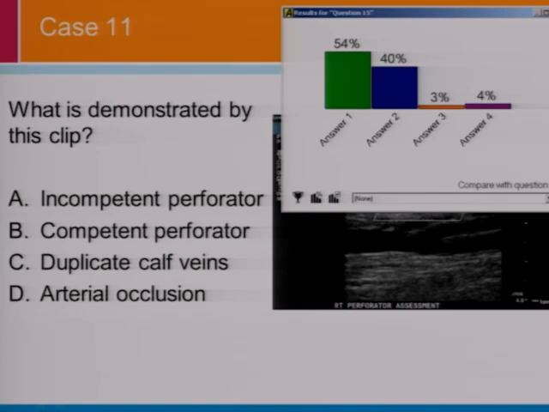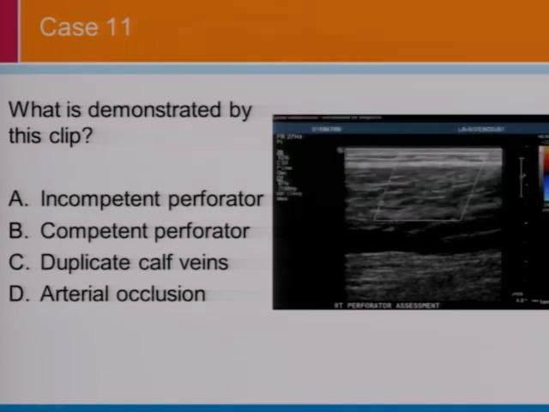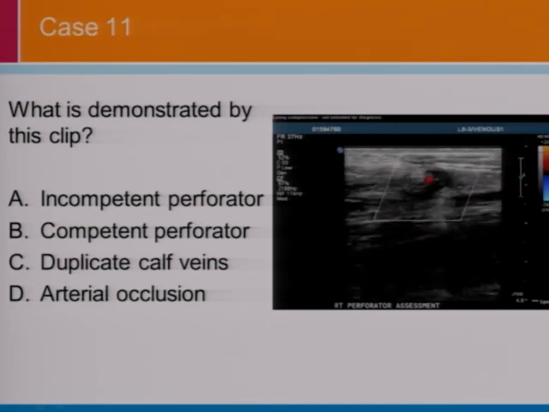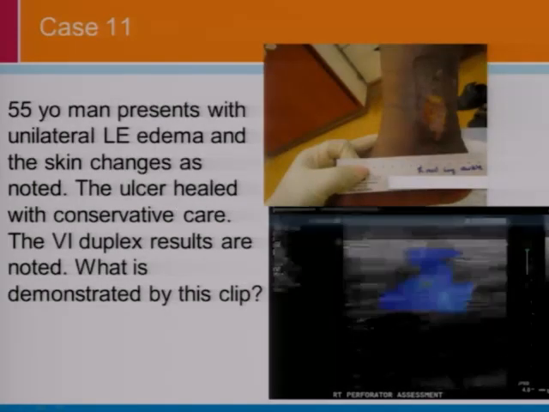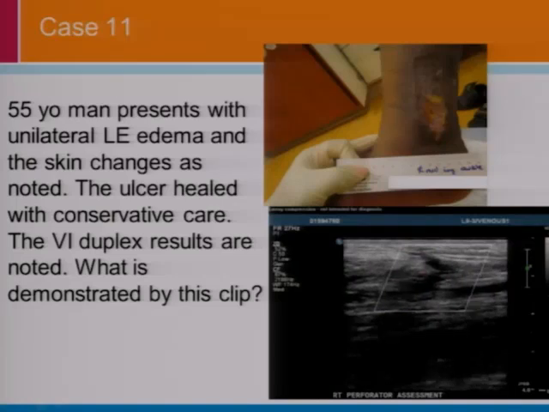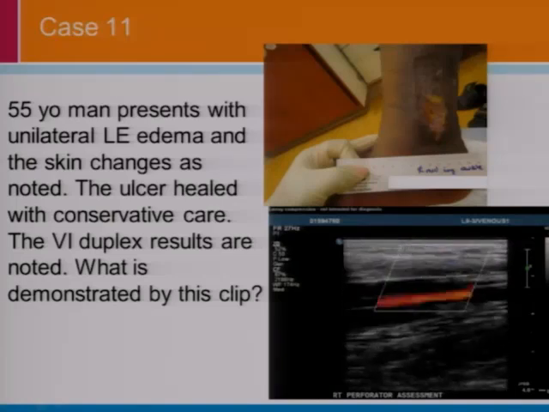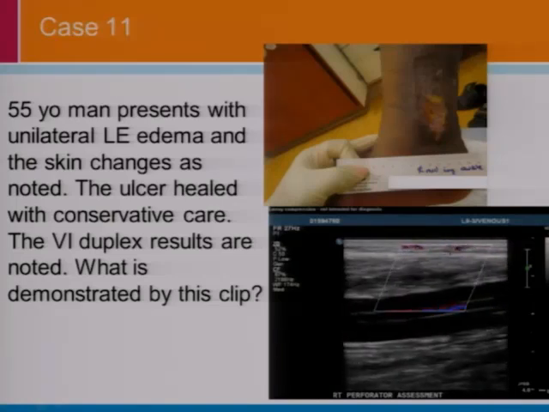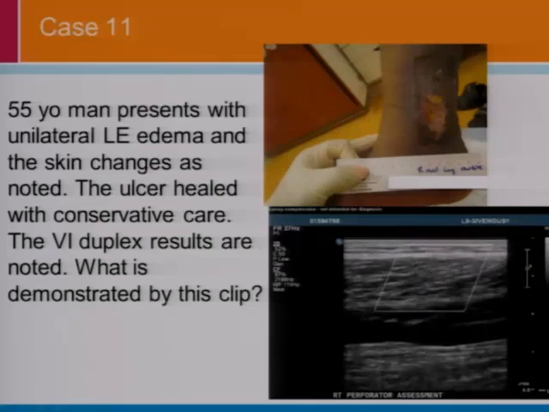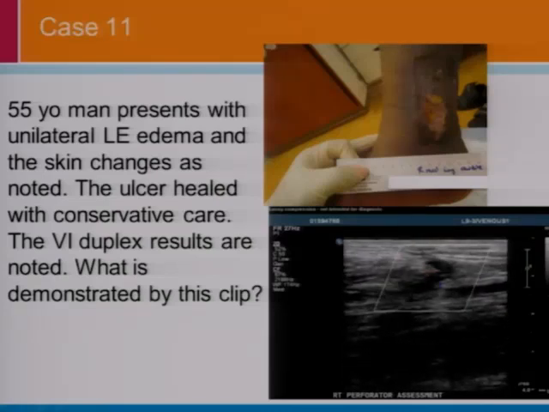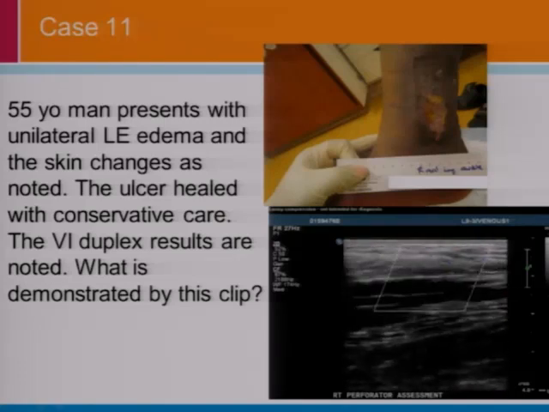All right, so this is actually a competent perforator. If I can go back, I'm going to go back to the slide that did run. You can see with calf compression, we've got flow back towards our calf veins. Blue is negative. We're flowing back towards the calf veins here. There's no reflux.